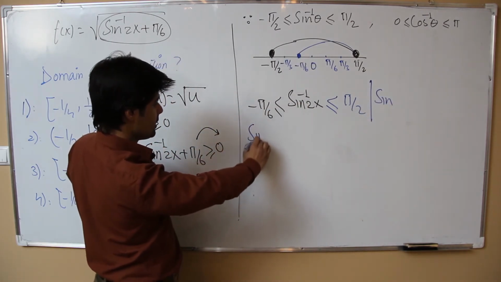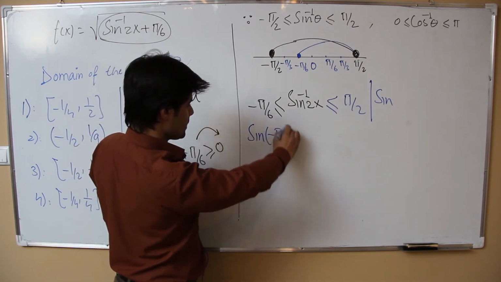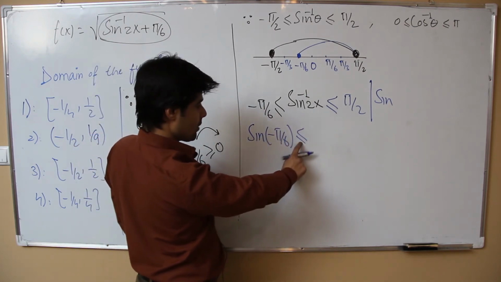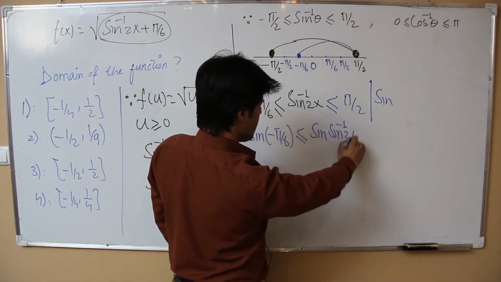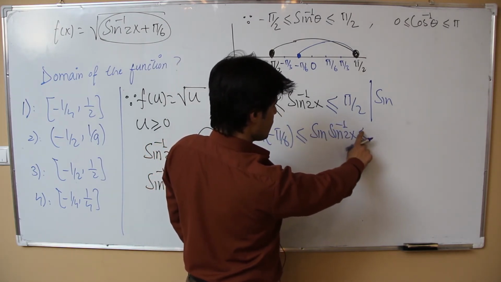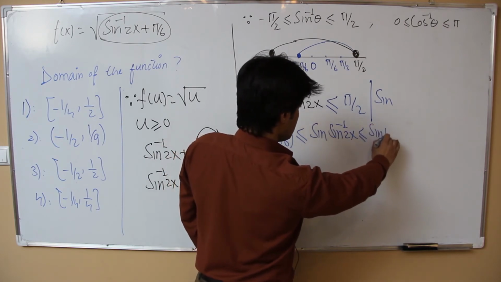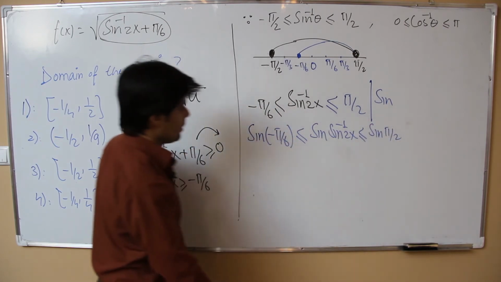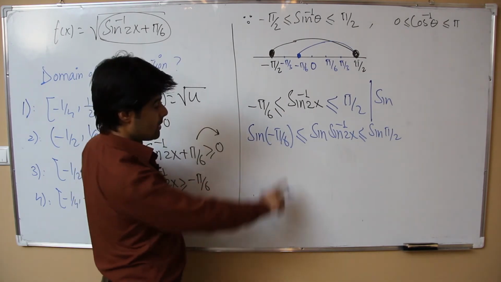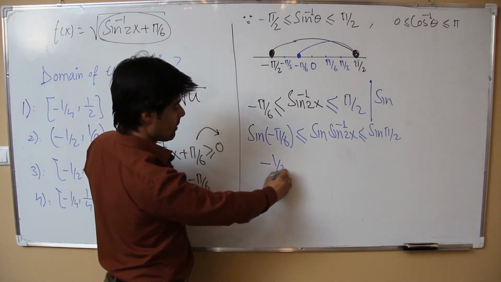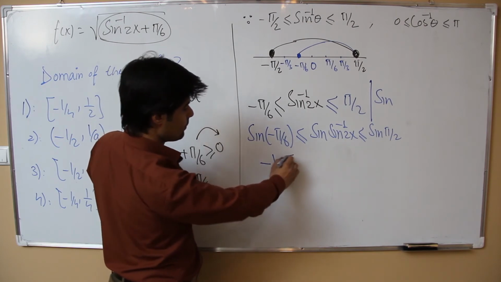It means sine of minus pi divided by 6 is equal or smaller than sine of sine to the power minus 1 of 2x, and is equal or smaller than sine of pi divided by 2. What's the sine of minus pi divided by 6? It is minus 30, I think it is minus 1 divided by 2.